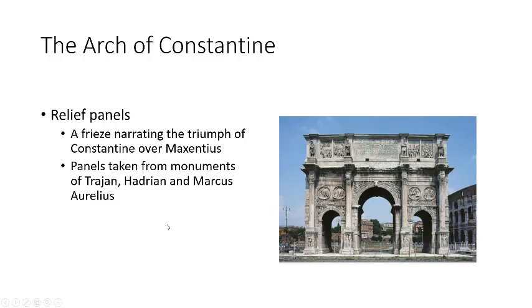In fact, the messages themselves are all important, but there's a message within the messages. What I mean is that I just think this shows a lot of audacity, that what Constantine did, not only did he arrange to have this huge, gigantic set of arches built that just says how powerful and amazing he is, but he stole a lot of these reliefs from monuments of great Roman emperors that went before him.